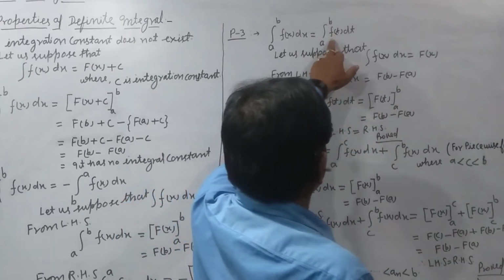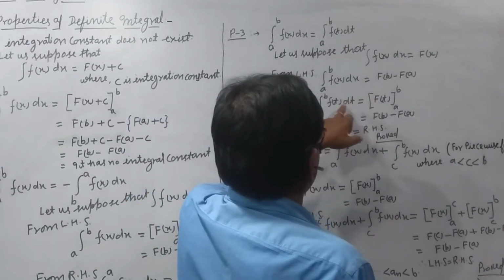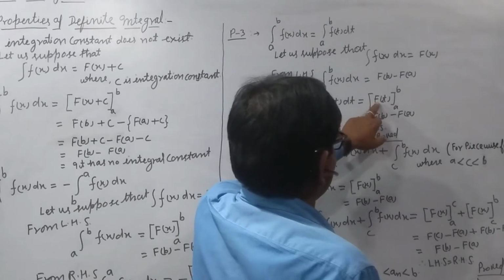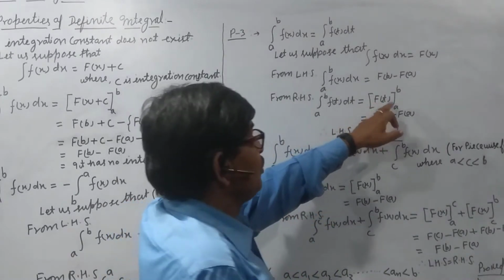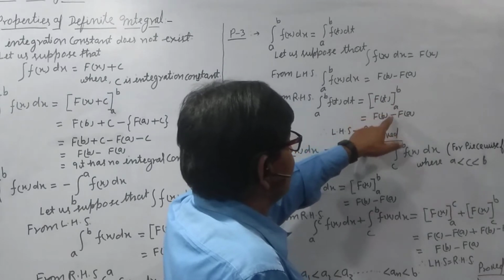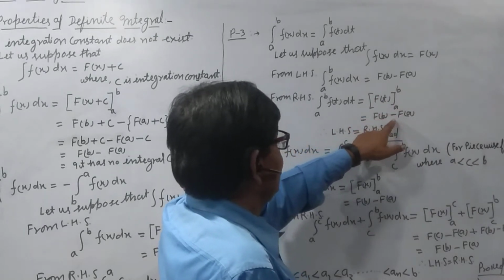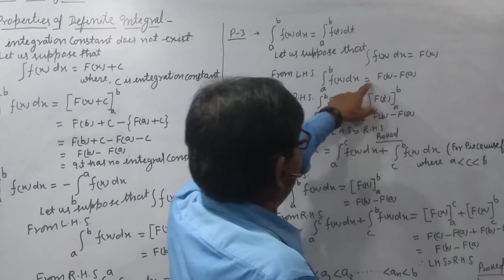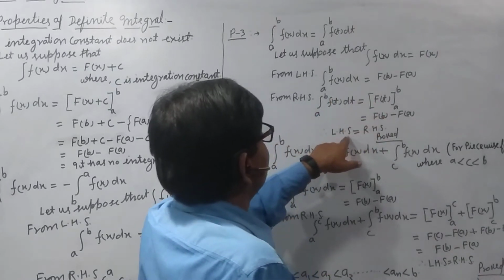From the right hand side, the integral from a to b of f(t) dt is F(t). Putting the upper and lower limits, F(b) minus F(a), so the left hand side and right hand side are equal.